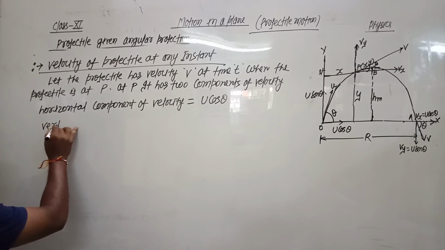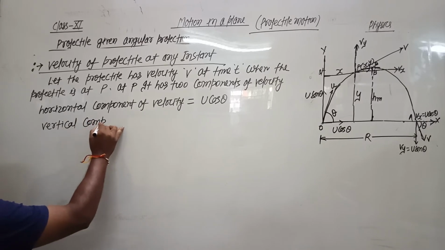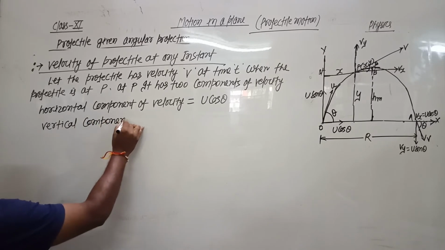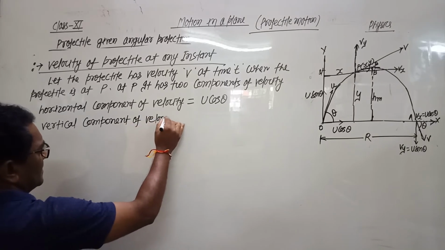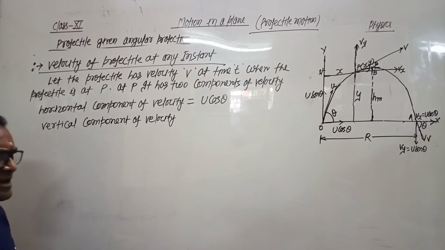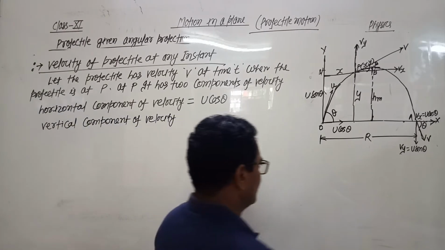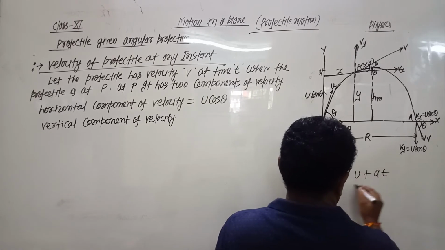At point P, the vertical component of velocity is found by using the formula v equals u plus at.